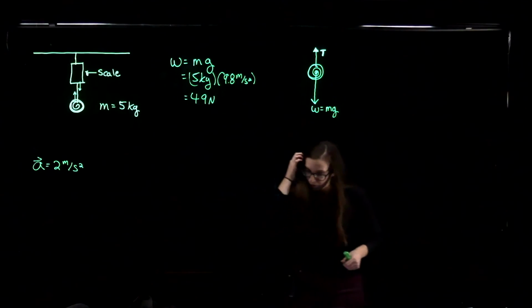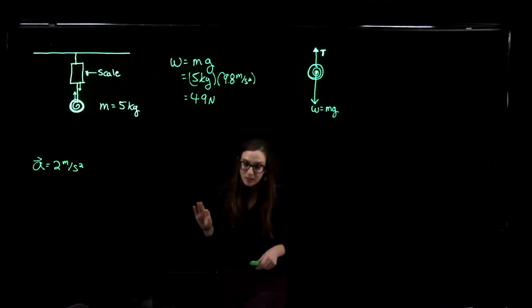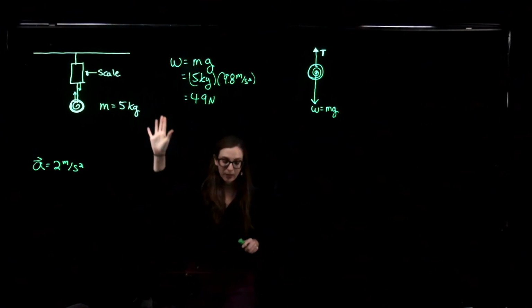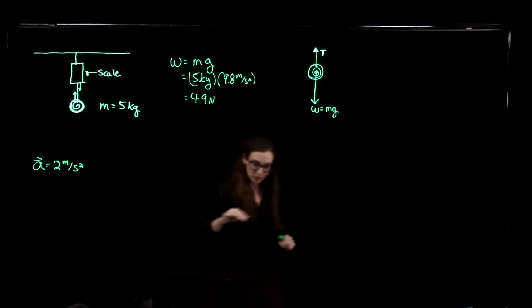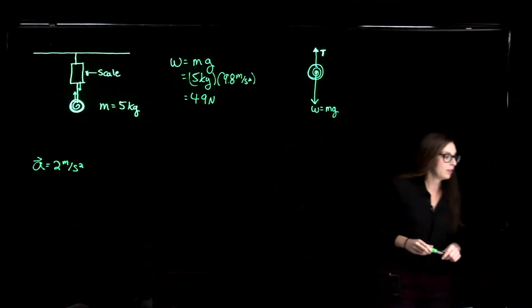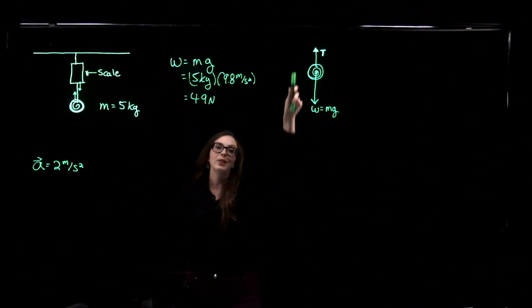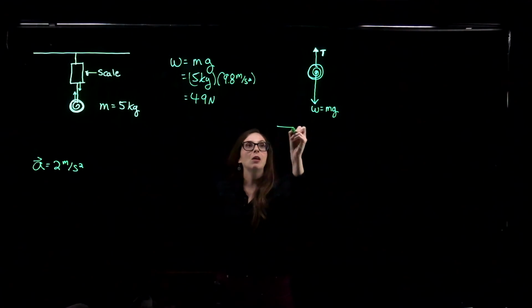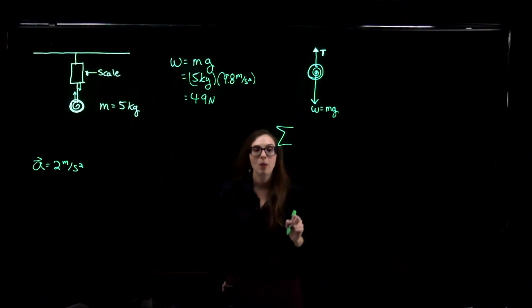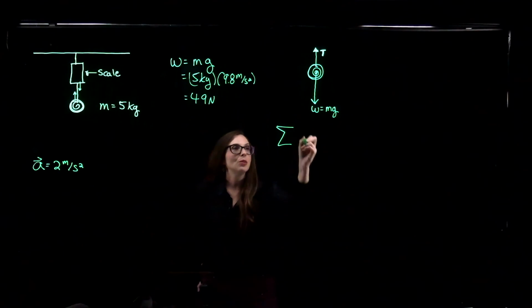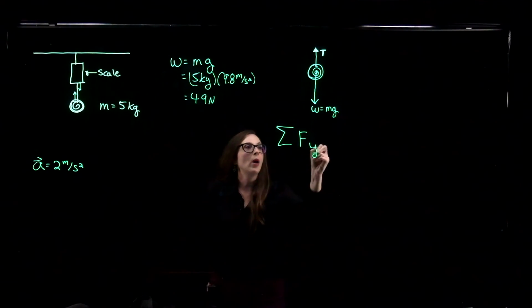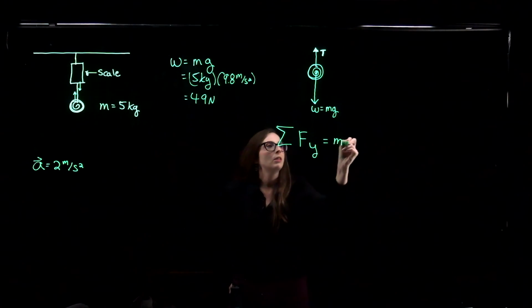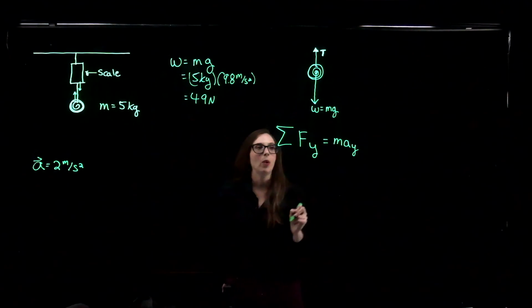We want to solve for what the scale reads if the rocket ship accelerates upward at 2 meters per second squared as it leaves the Earth. So in order to solve this problem, we need to work with Newton's second law in the vertical direction. That's the only dimension along which we have any motion anyway. So the sum of the forces in the y direction has to equal the mass times the acceleration in the y direction.